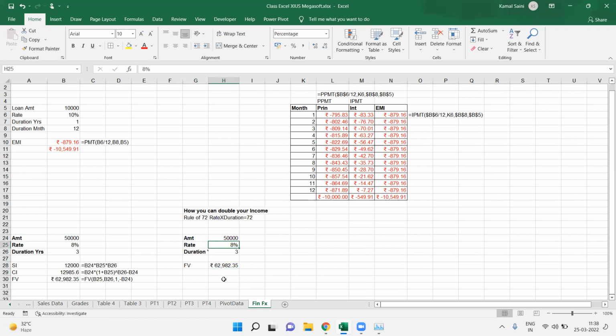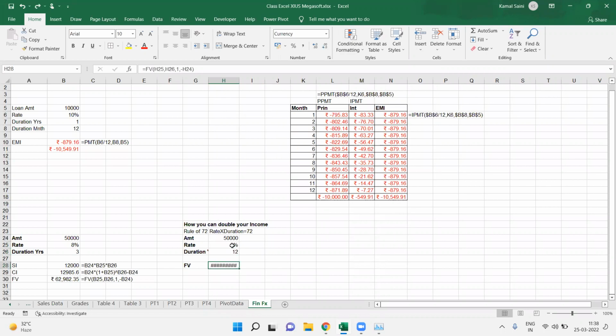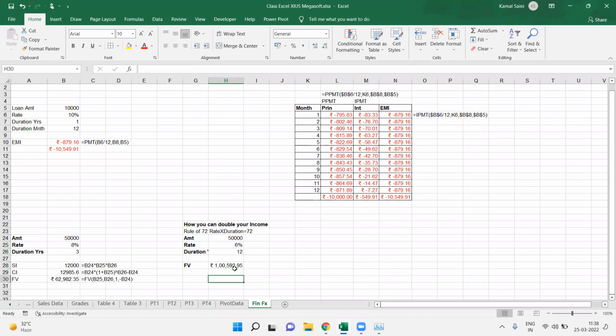Basically, 8 nines are 72. See, approximately doubled. Nine eights are 72. 6 twelves are approximately doubled.